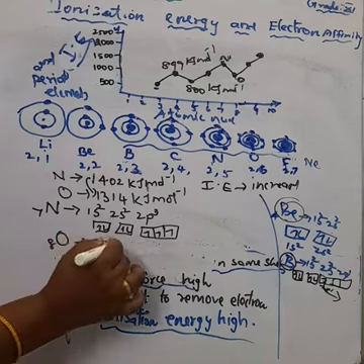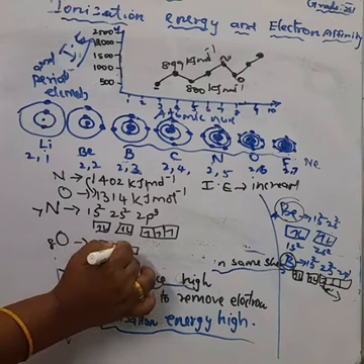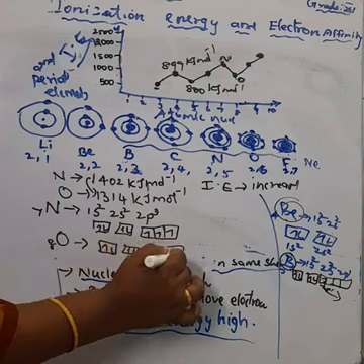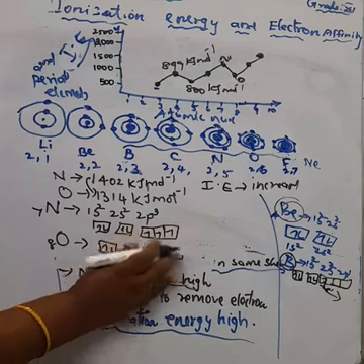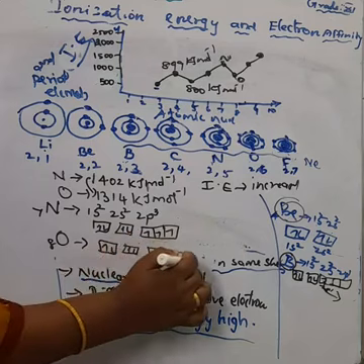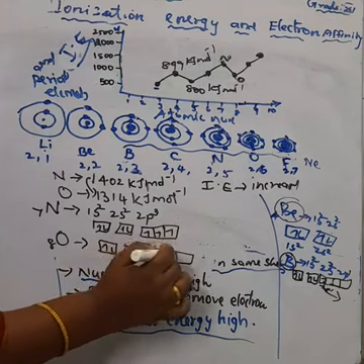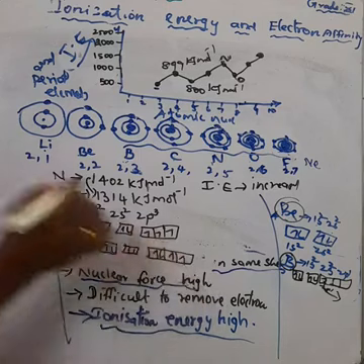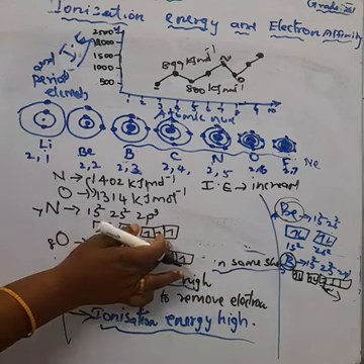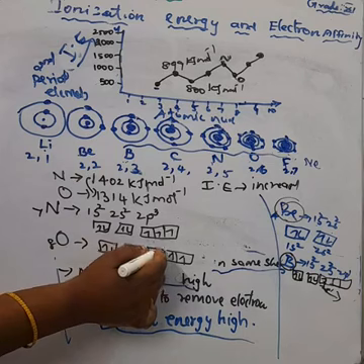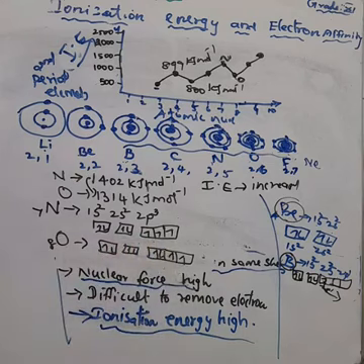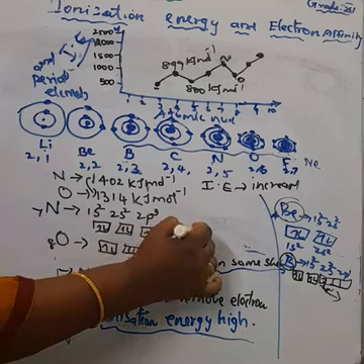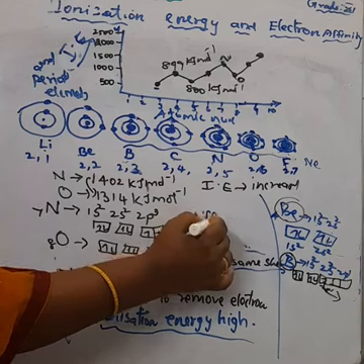The s orbital has 2 electrons and the p orbital has 4 electrons. So nitrogen is stable and it is difficult to remove electrons from it, so the ionization energy is high.